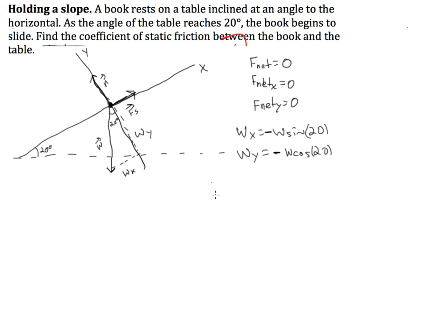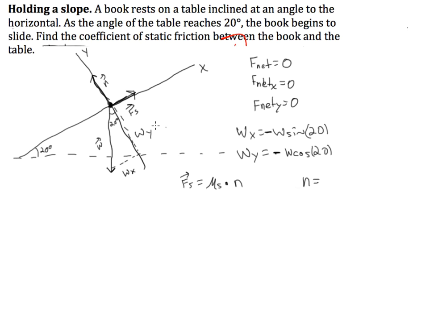So keep in mind everything we know about vectors. So now we can think about the expression for the maximum force of static friction. And this is the maximum force of static friction because this is the instant before the book starts to slide. So if this were to be any more angled, the book would start to slide. So that's going to be equal to mu s times the normal force. So, okay, let's figure out what the normal force is.